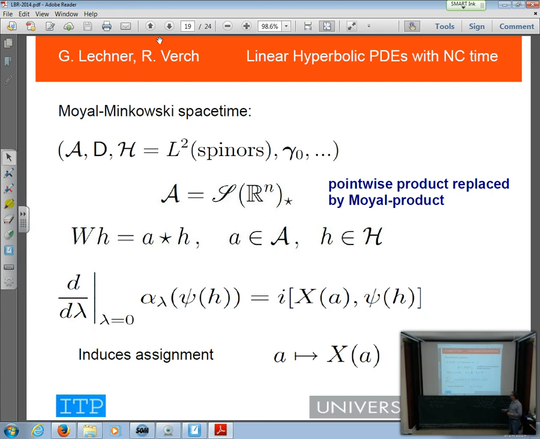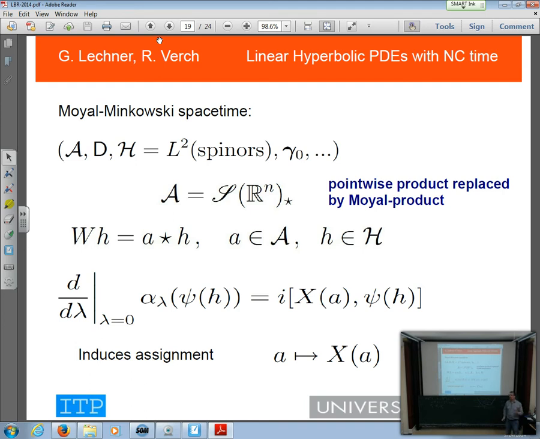And that induces an assignment of elements A, which are now in the non-commutative algebra of spacetime, to quantum field operators, or operators in the quantum field operator algebra.